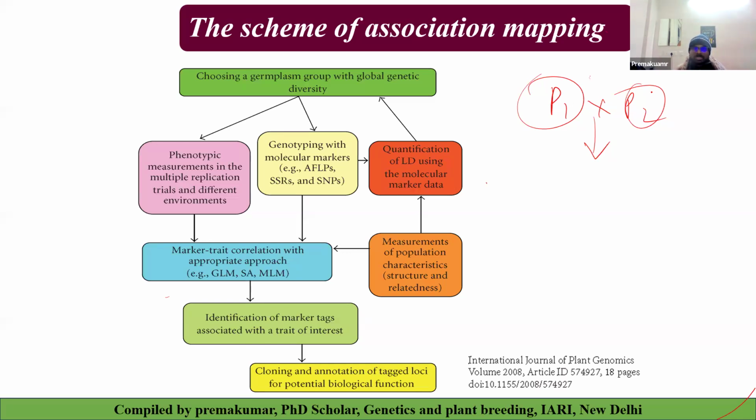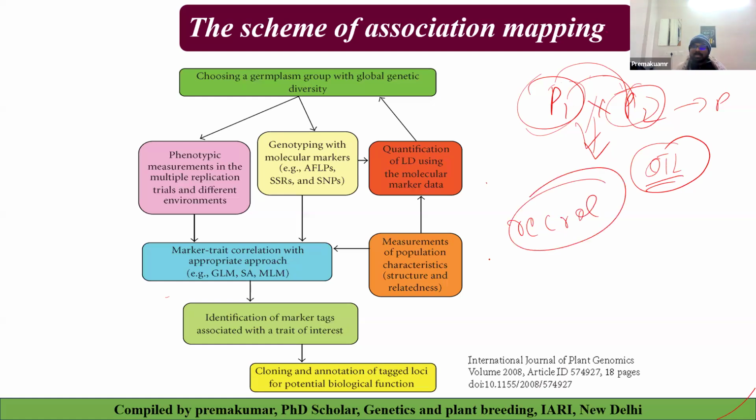See why power is more in QTL mapping. You're crossing P1 and P2. You know that they are differing for what trait. The probability of identifying the QTL for a particular trait is very high, because we're making the crosses for that trait, we're creating the recombination for that trait, and you have control over this.